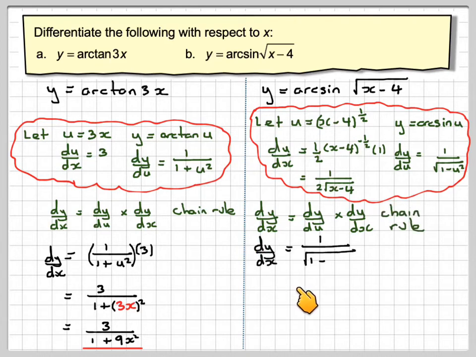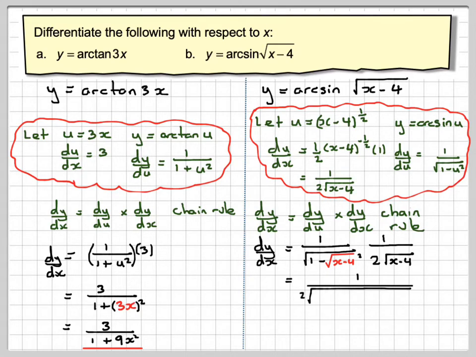So dy by dx will be 1 over the square root of 1 minus u squared. I'm sort of jumping a step here, so u is the square root of x minus 4, but that also has to be squared, times the differential du by dx, which is 1 over 2 root x minus 4.